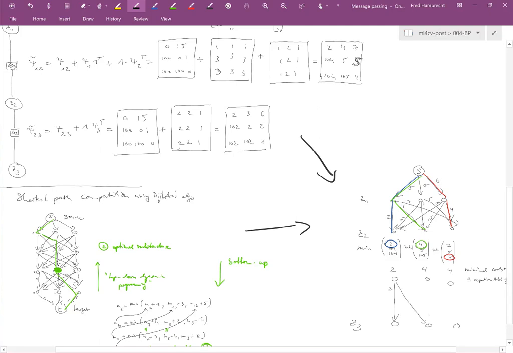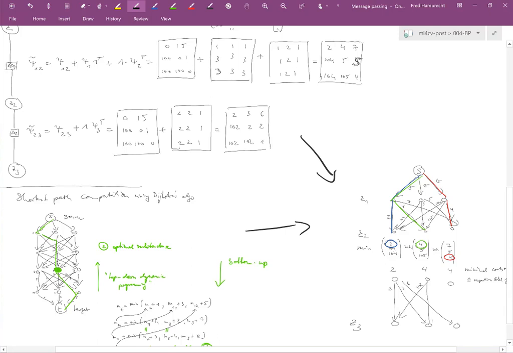This cost is 3, because we have a 3 here, and this cost is 6. This cost is 102.